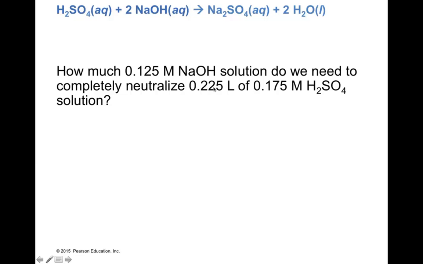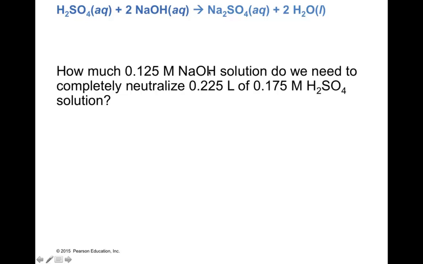So we can go from the volume of sulfuric acid to moles of sulfuric acid by using the molarity, because remember that in molarity we have moles over volume. So by using these two, we can obtain the moles of sulfuric acid, and then we need to change from moles of sulfuric acid to moles of sodium hydroxide.